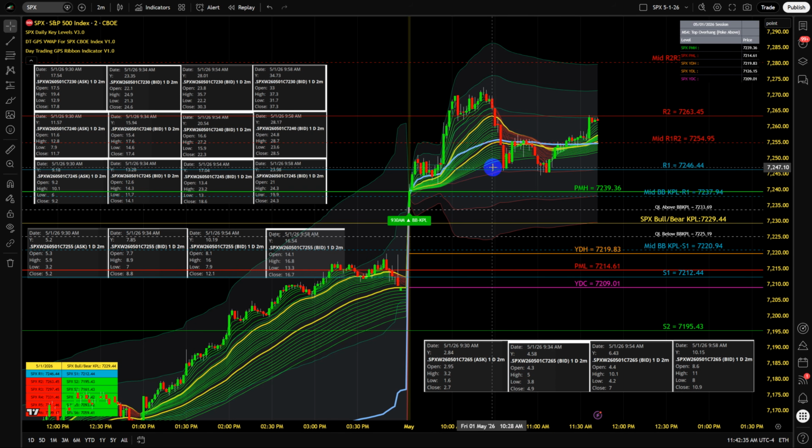You're securing those profits on 60 to 90% of your original position at that 1.5 level move or 2 level move in your favor.